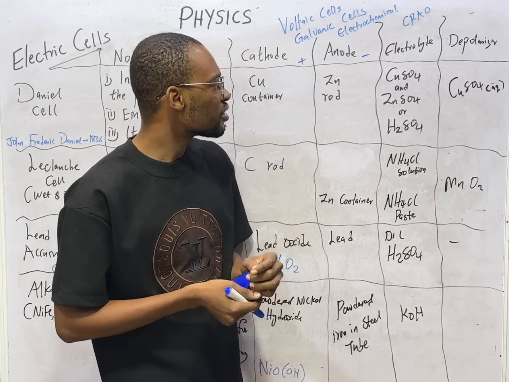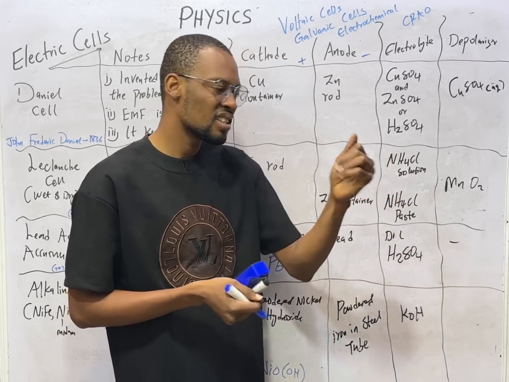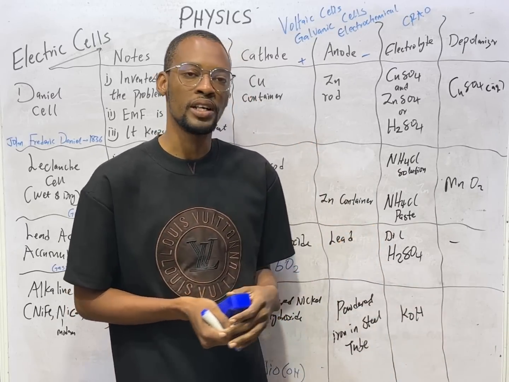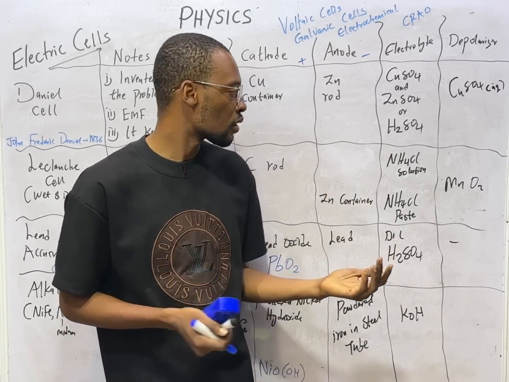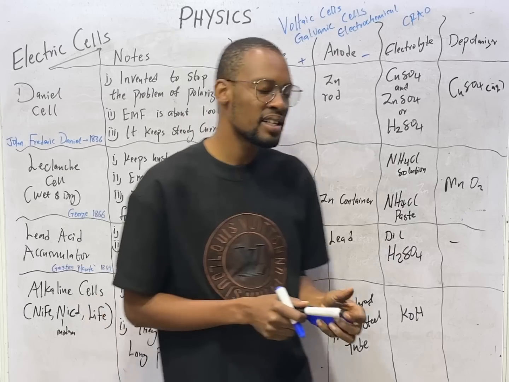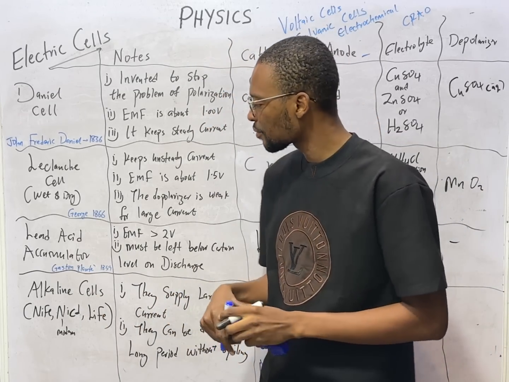For dry Leclanché cell, the electrolyte will be a paste, like toothpaste, not really liquid, of the ammonium chloride. Then we say, wow, this is dry Leclanché cell. And the depolarizer used in Leclanché cell is manganese oxide, MnO2.